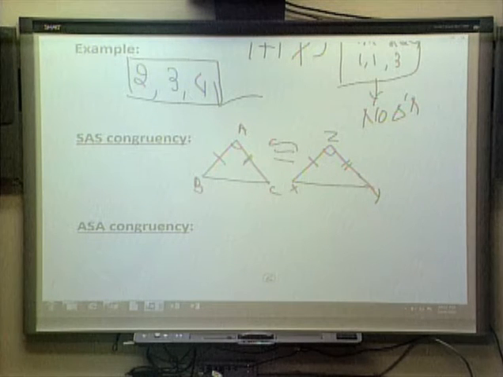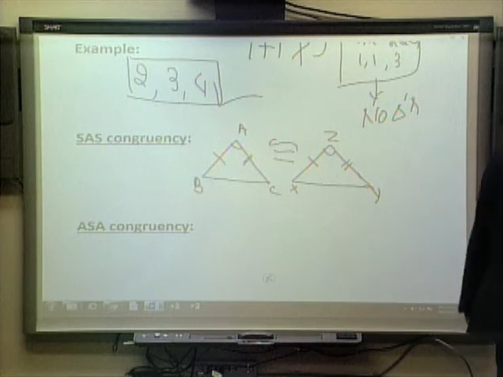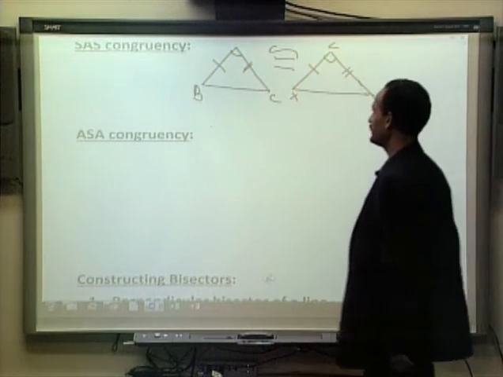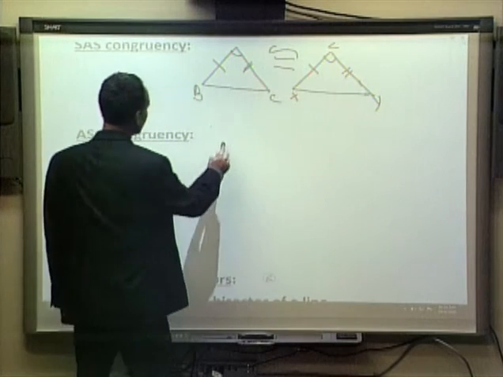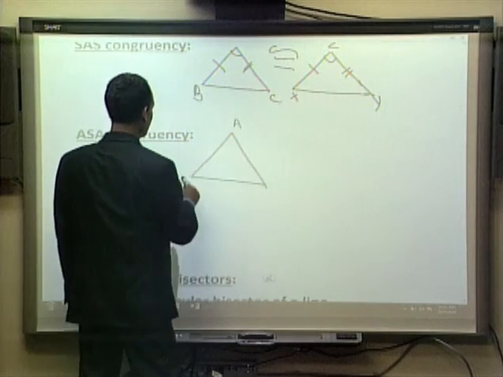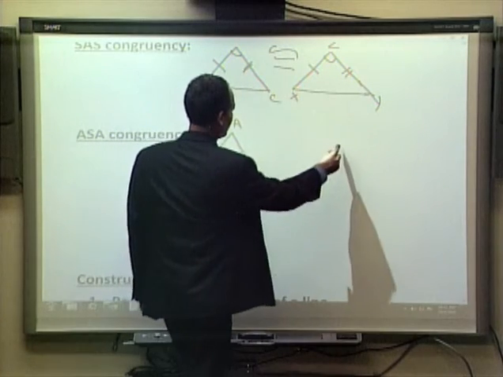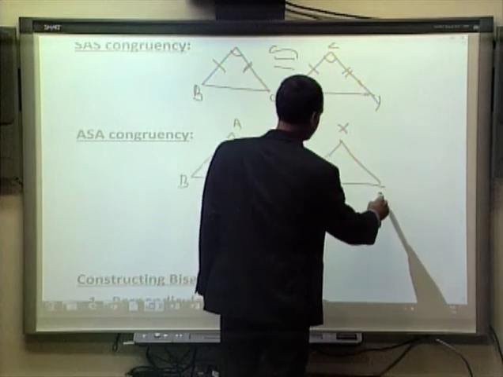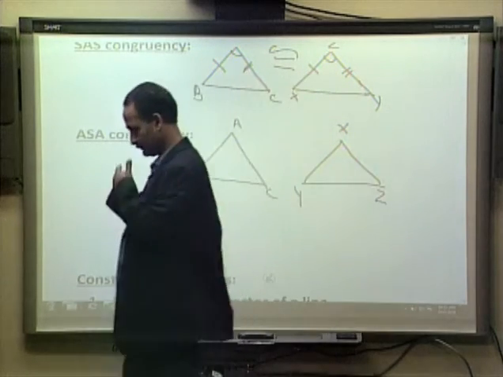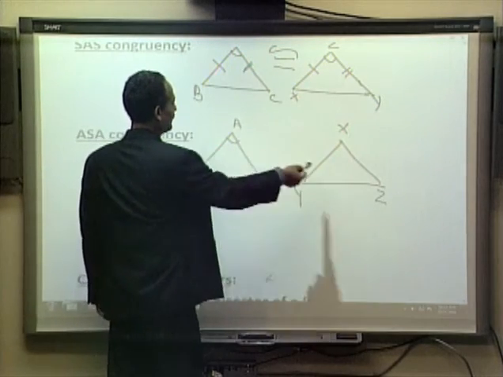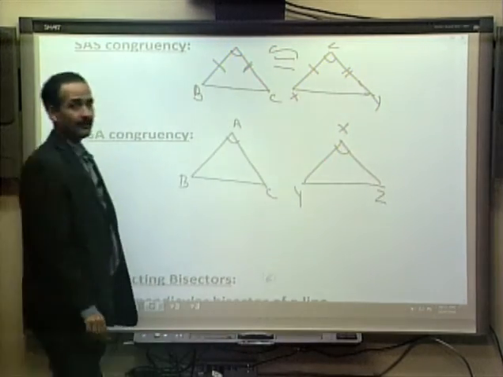Another congruency is called ASA congruency, and ASA congruency says this. Suppose we have a triangle ABC and we have another triangle, let us say XYZ. Let us say this angle of this triangle is the same as this angle of the other triangle.